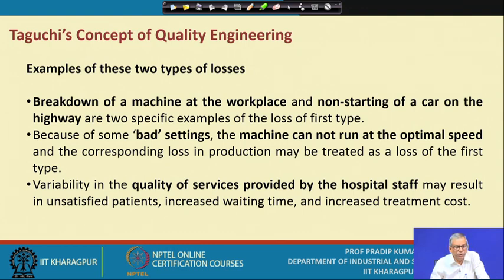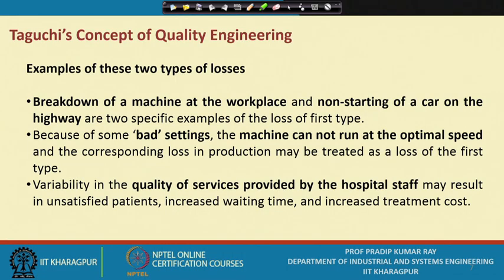Any machine is installed, and when you start using that machine for producing a particular component, obviously with respect to the component design specifications, you need to set the process parameters at the required values. So this whole exercise is essentially known as the process setting.